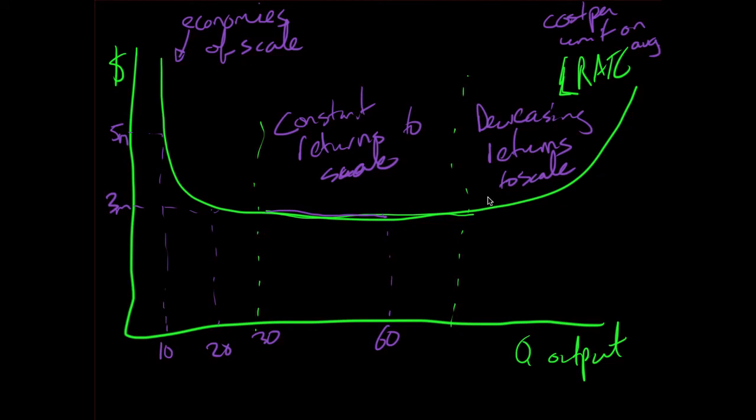And this upward section in the short run was due to diminishing marginal product of labor because some of the factors, the factory space, was fixed. Here it's not fixed, but it's still upward sloping due to managerial inefficiencies. It's a situation where the business is simply mismanaged because it's too large. You sometimes see this.